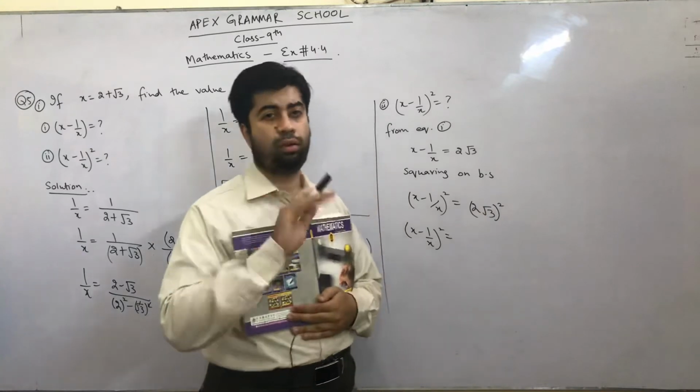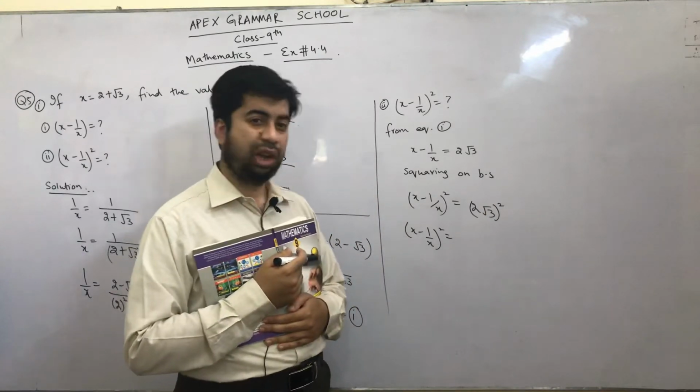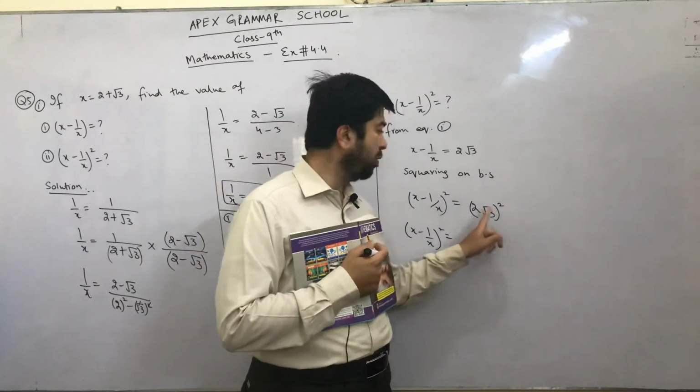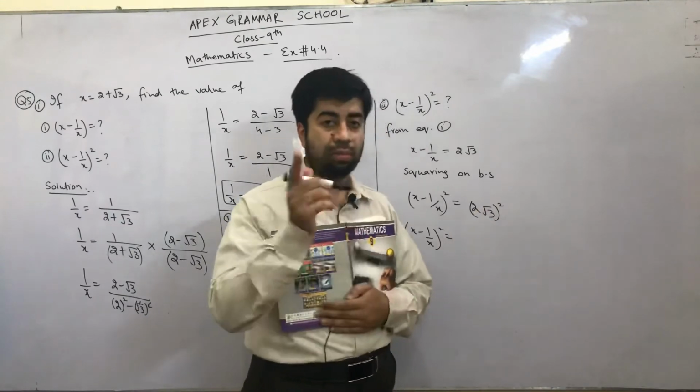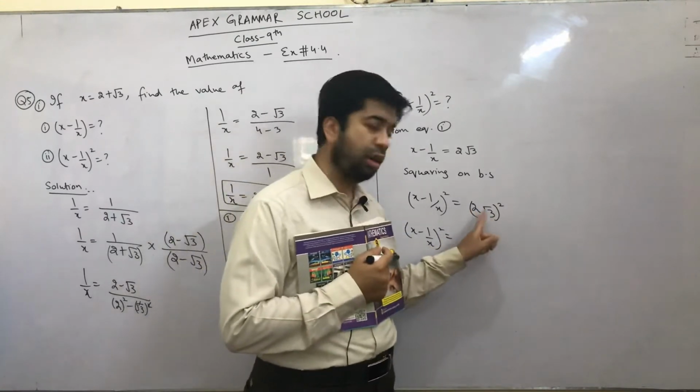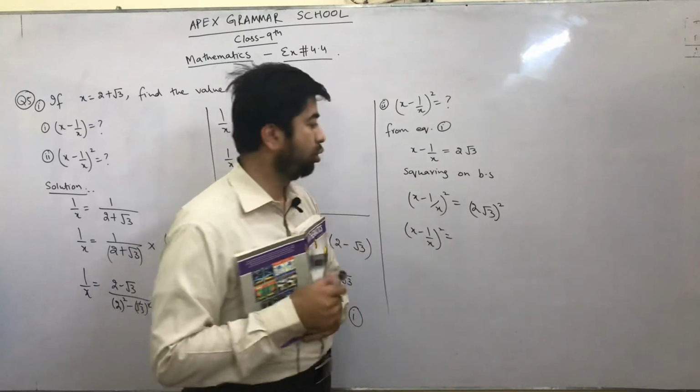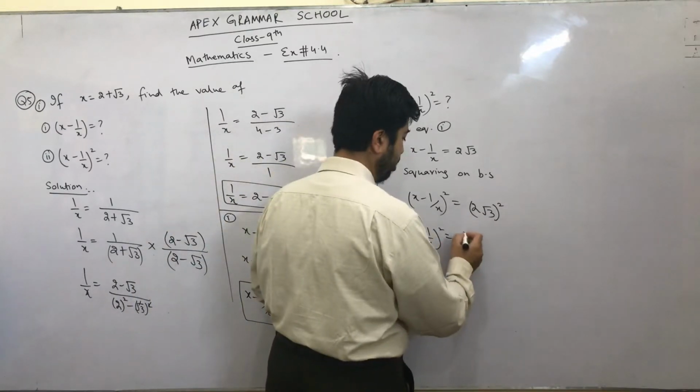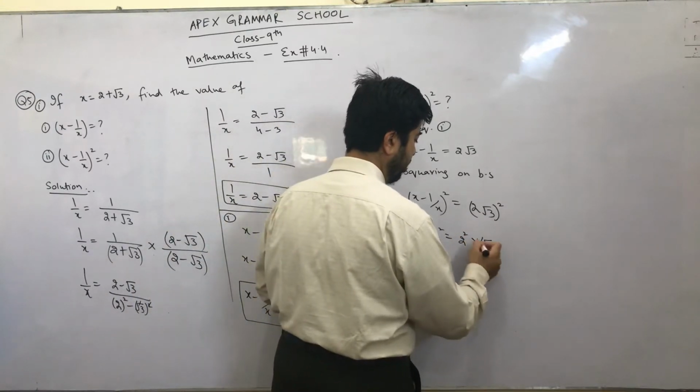By the power rules, we distribute this power to this 2 and this square root 3, because both values are multiplying with each other. So we can write 2 square times square root 3 square.